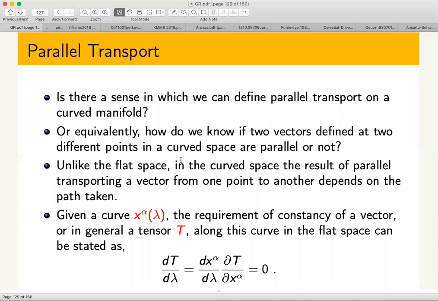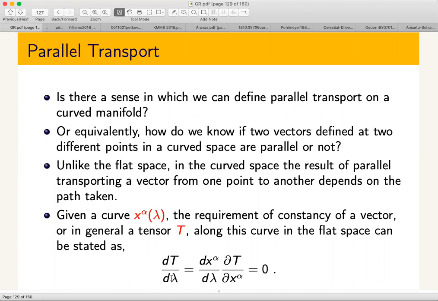And as I said last time, the parallel transport in the curved space depends on the path that you use. So along different paths, the tensor would get parallelly transported in a different way. And if you parameterize the curve using lambda, then you can ask how does the tensor change as you change lambda, that means as you go from one point on the curve to another point.